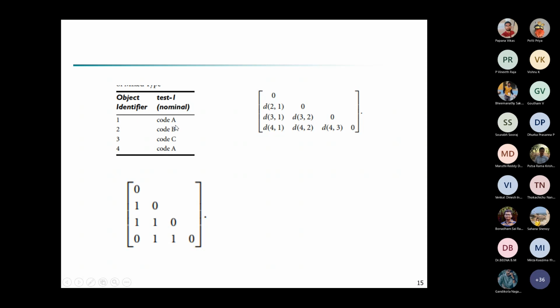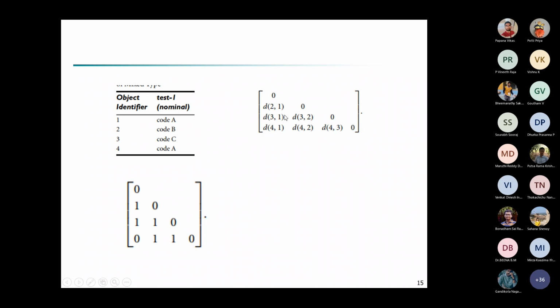Now what is m when you compare 2 and 1? How many matches do you have? I won't say, you have to say. Zero, ma'am. Yeah, 0, because the first instance and the second instance have two different values for this attribute. So there is no match. So we write 0. So (1 minus 0) by 1 is 1. That is how we got 1.